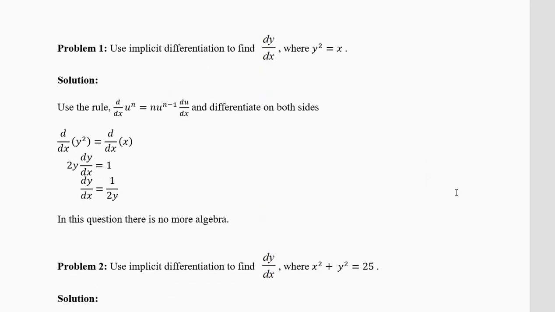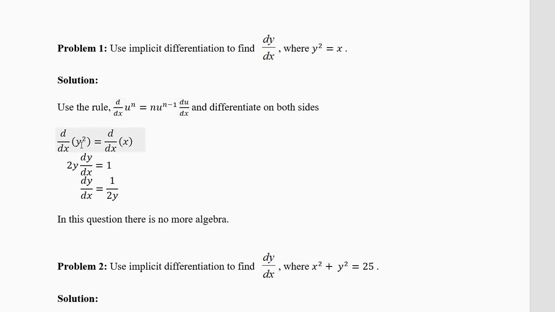Now in problem 1 we are going to take a very simple example. Use implicit differentiation to find dy by dx where y square equal to x. Don't worry about the graph. What is the first step? Differentiate on both the sides. The rule is u power n goes to n into u power n minus 1 du by dx.